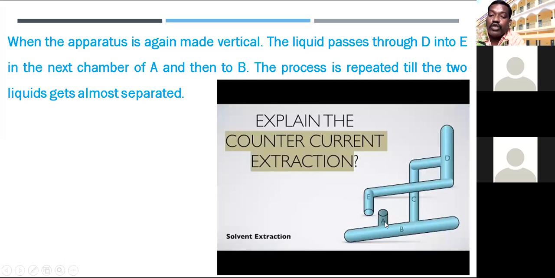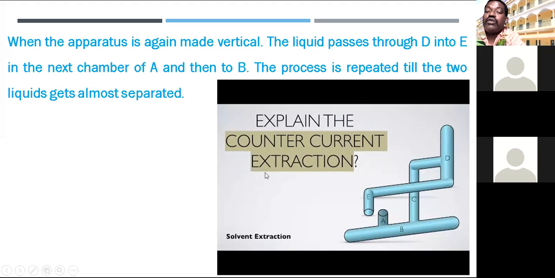Here is the A position. The solvent mixture is inserted at the A position. After shaking, the solvent mixture is transferred to the B position. This B position is shaken and transferred to C. At the C position, the instrument is tilted so that only the aqueous phase or organic phase is transferred to D. This D goes into the next chamber, A to B. The process is repeated, and the two liquids get almost completely separated.